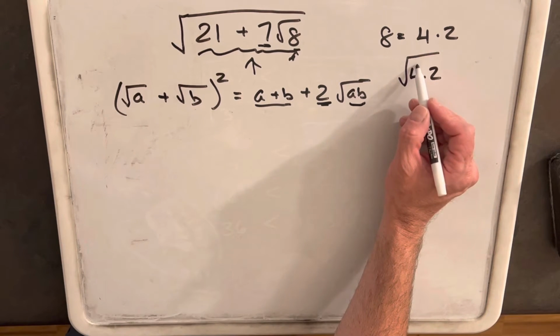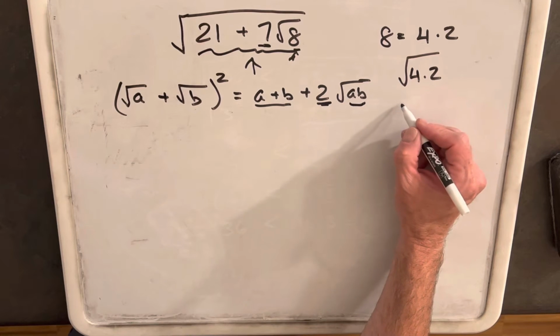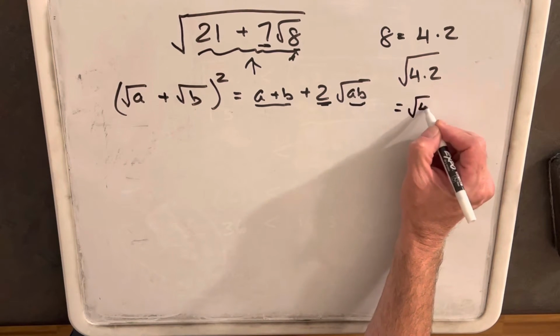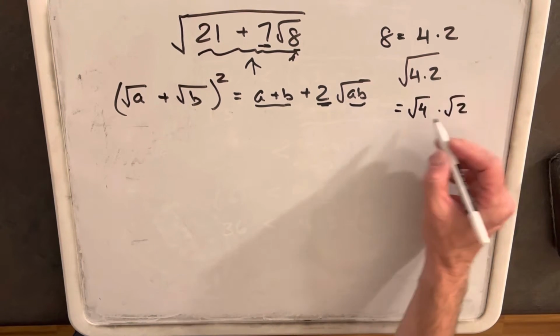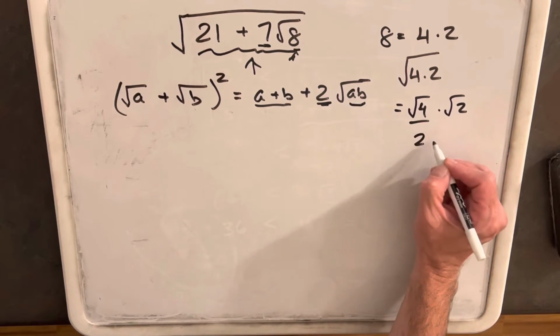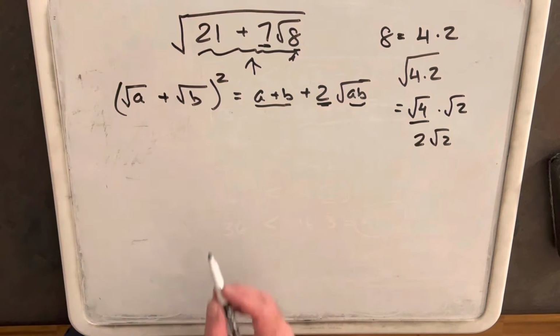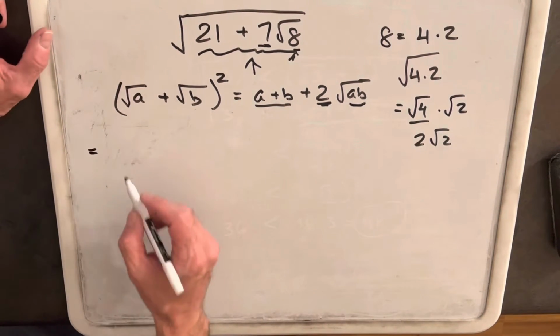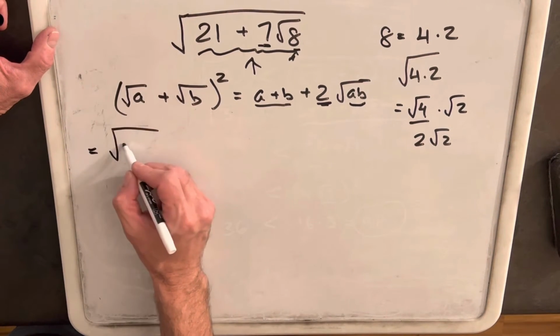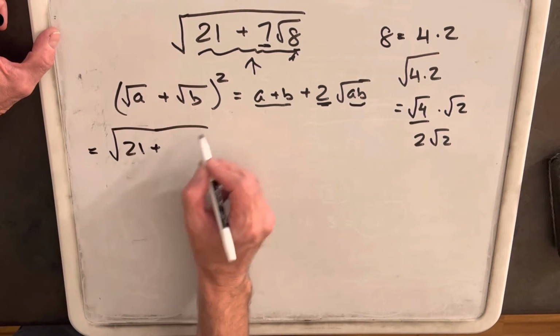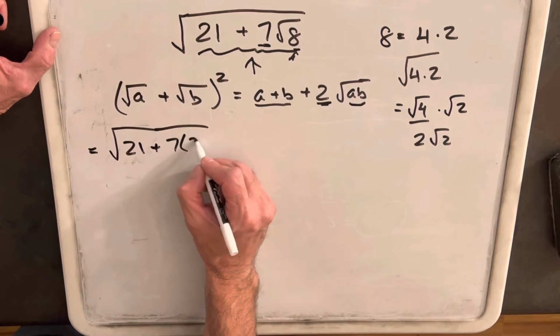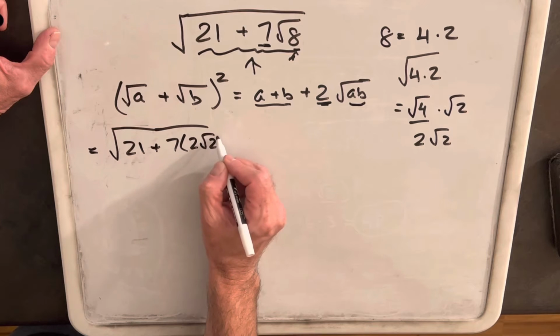We can break this up like square root of 4 times square root of 2, but we know the square root of 4 is just 2. So this square root of 8 can be written as 2 square roots of 2. So let's rewrite this expression as the square root of 21 plus 7 times 2 square root of 2.